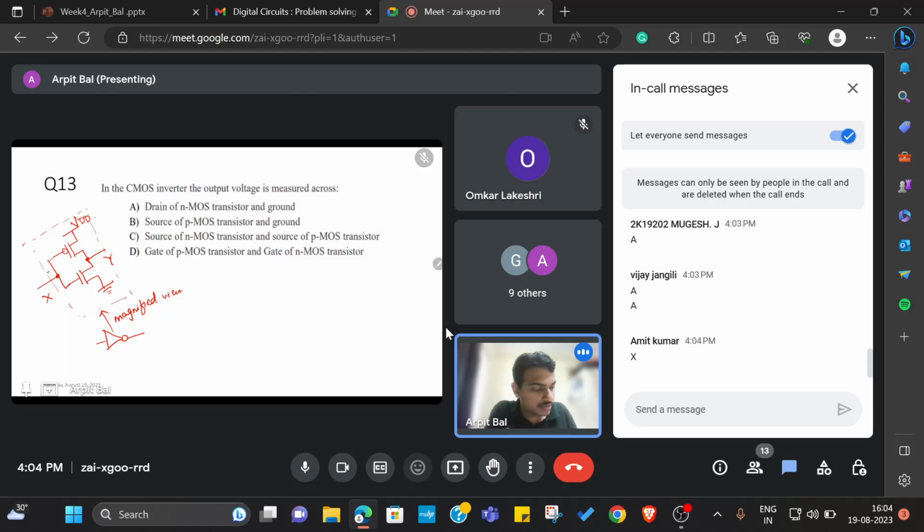So X is the input, and subsequently Y is the output. This is the PMOS, this is the NMOS. Let me mark these terminals.